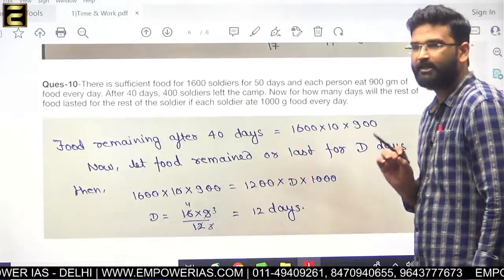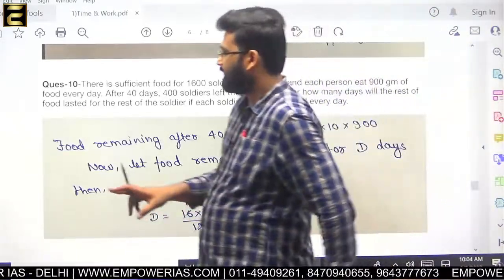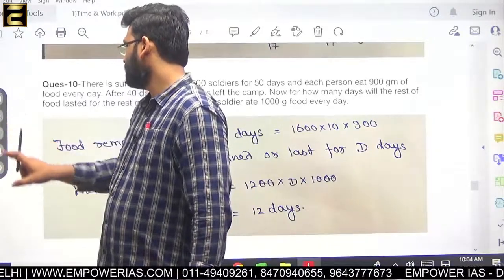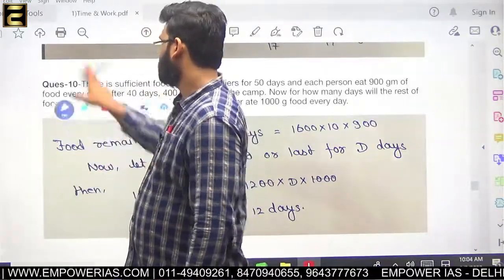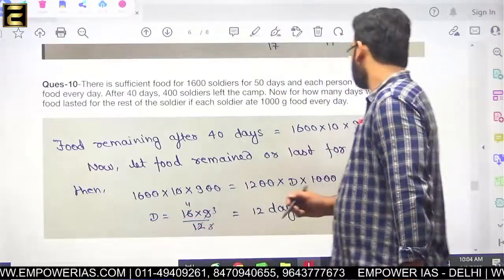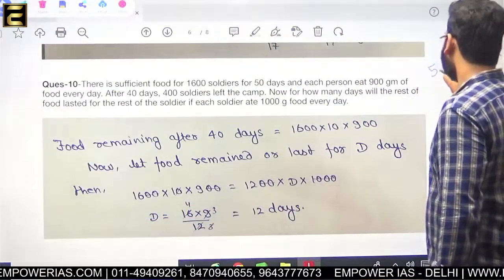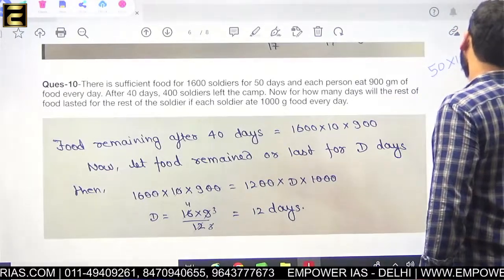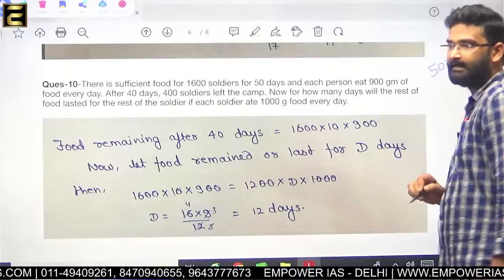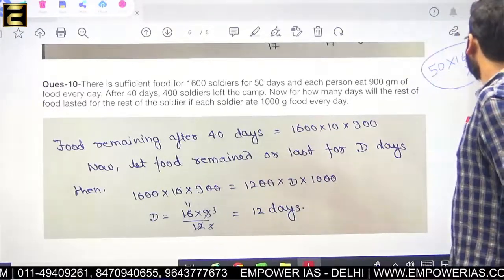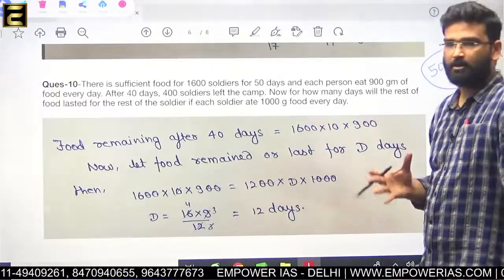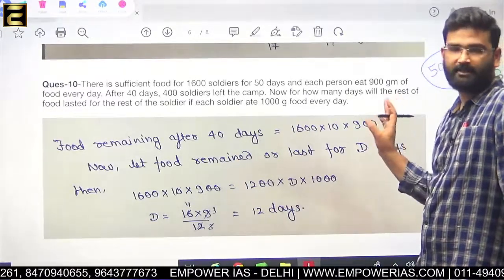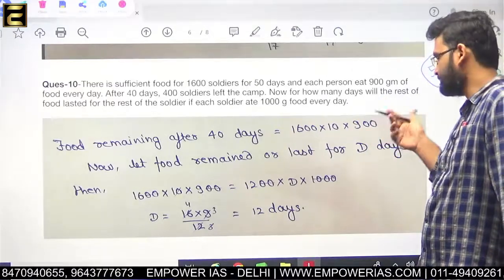If somebody asks for the total amount of food in kg, it will be 50 days for 1600 persons, when each person is eating 0.9 kilo. This will be the total ration present in that cantonment. But this has not been asked, I have calculated this only for your understanding.